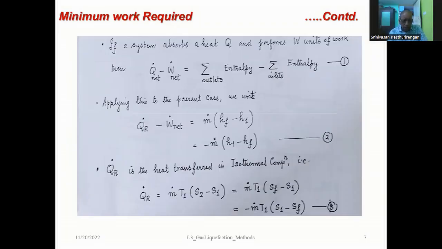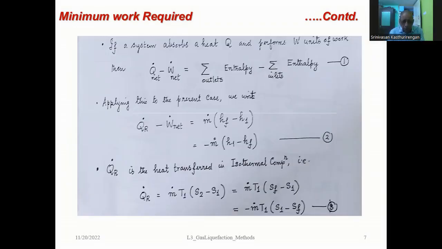In a TS diagram, we use the formula Q is equal to T dS, temperature into change in entropy. If we apply this for the isothermal process, temperature remaining constant, the entropy changes from the initial value S1 to the final value S2. So Q_R dot is equal to M dot into T1 into S2 minus S1. Here again, S2 is nothing but SF. Please remember that. Therefore, we can write M dot T1 into SF minus S1.